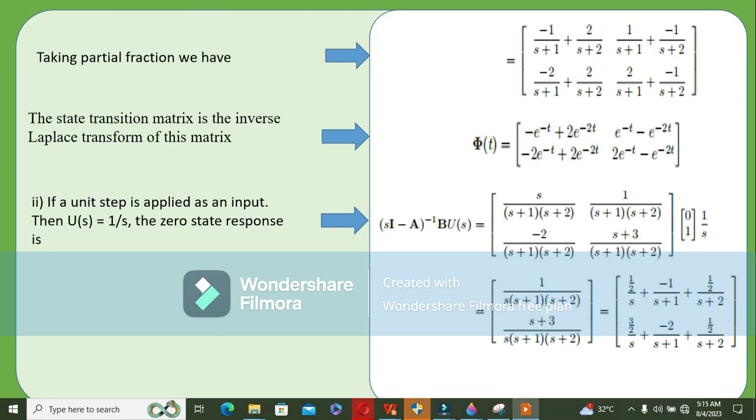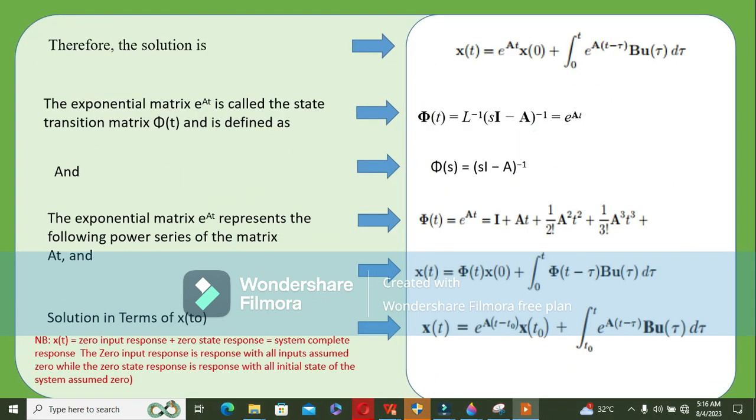Let me show you what I mean. Now, listen, look at this. You can see this response here is the zero input response. This is the zero state response. So you can either solve this, then integrate by delaying whatever you have here, introduce tau, delay it by tau, then do your integration with respect to tau, u of tau.